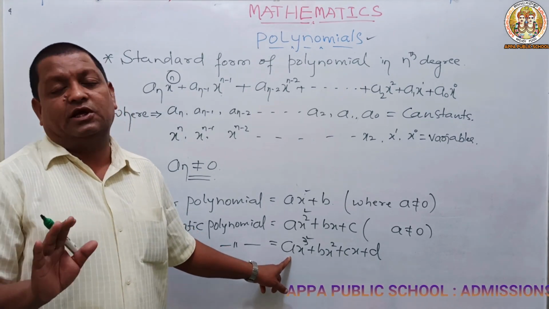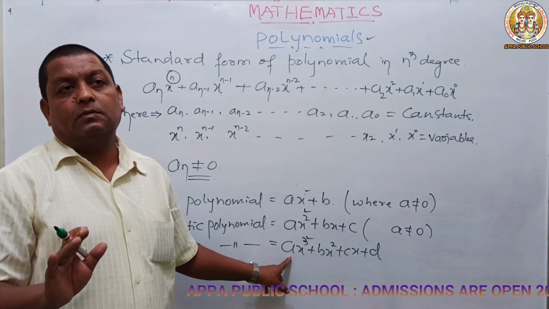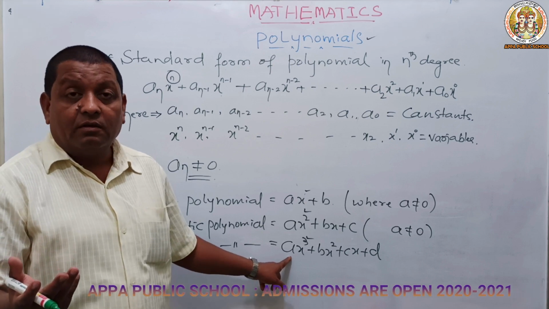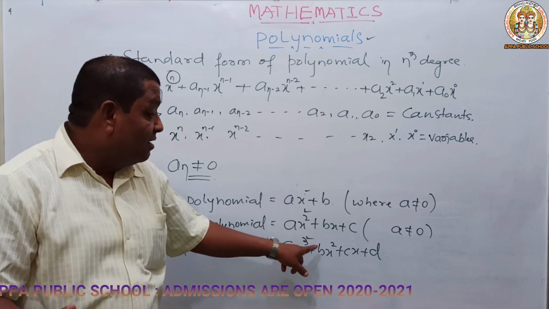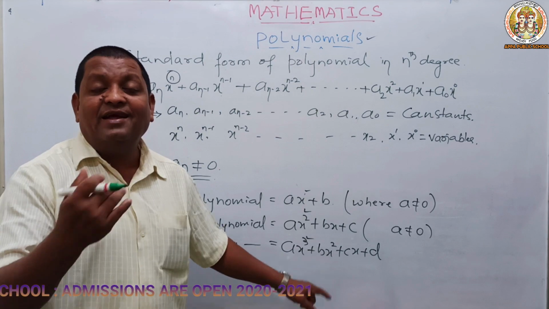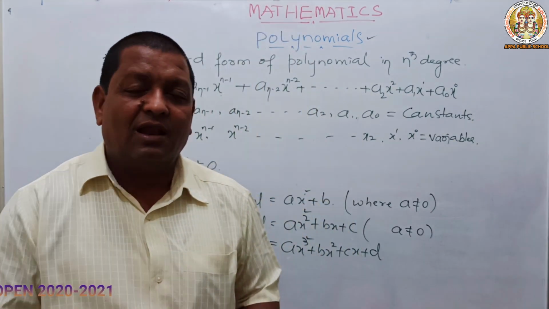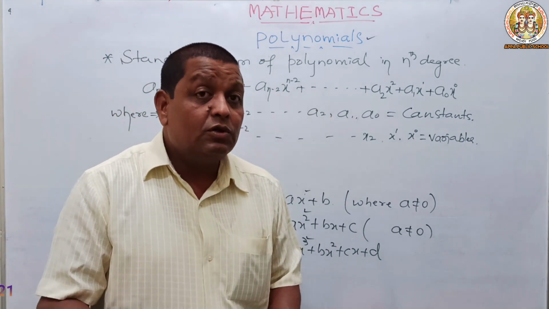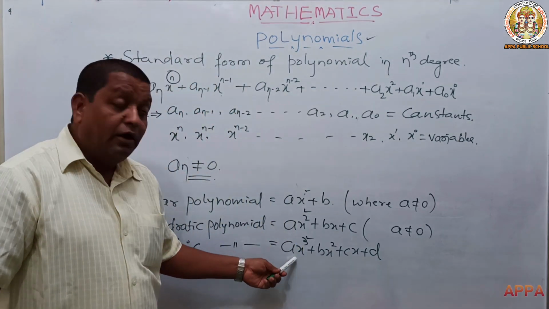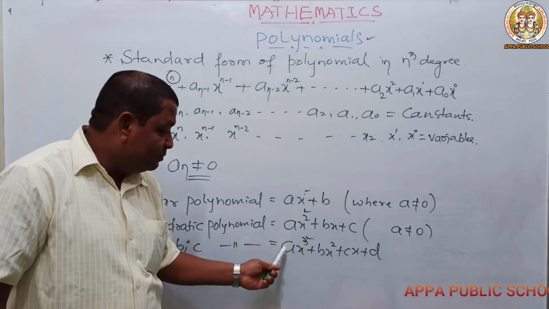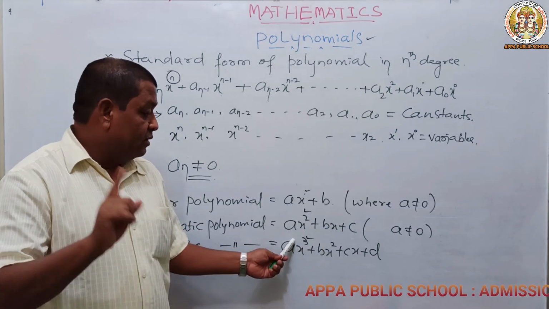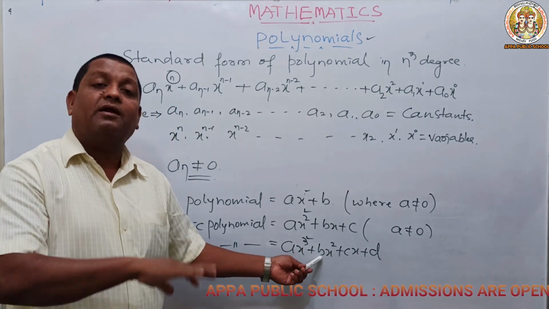If a becomes 0 in a cubic polynomial, then it becomes not cubic, because this part becomes 0. Then it becomes quadratic.